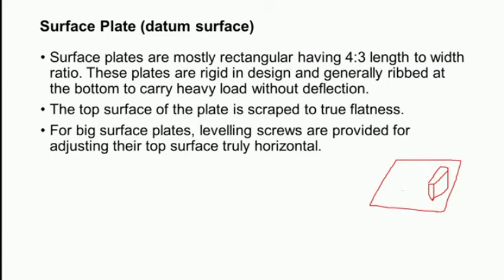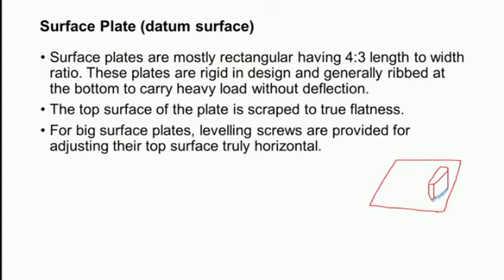Particularly the machining of the top surface of the surface plate. Many a time straight edges are used to check the flatness of surface plates. Now you can see here we have this straight edge, and we can use Prussian blue.